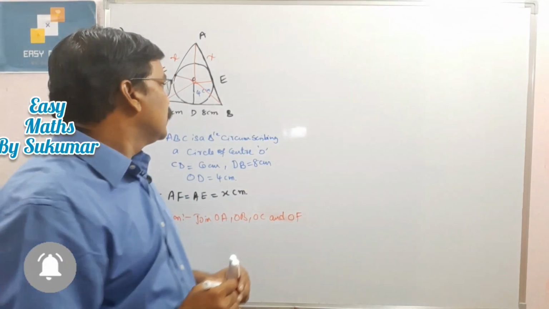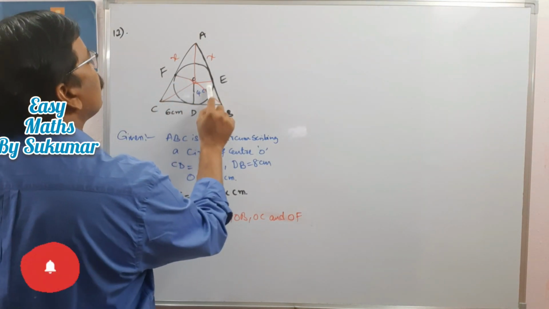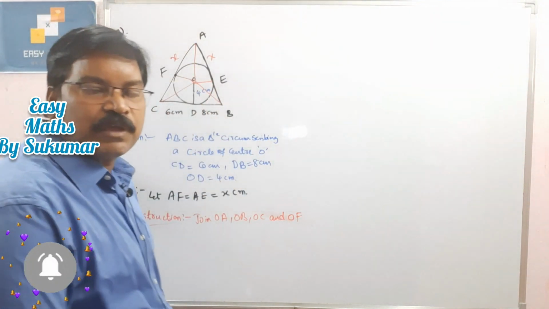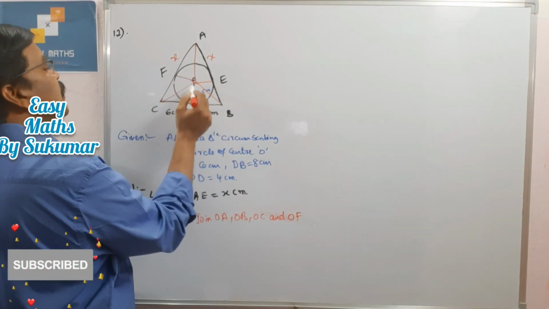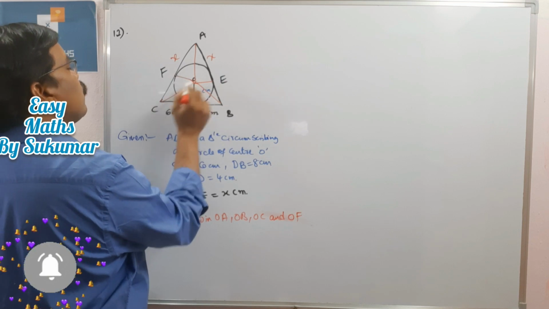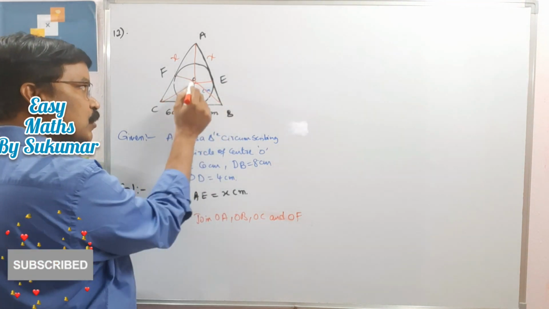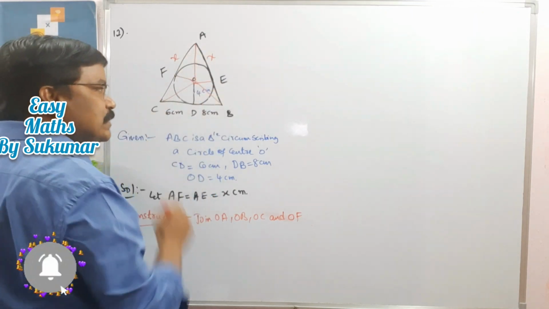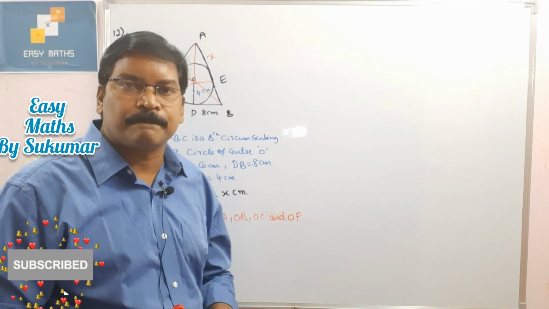Now, my dear students, here 6 triangles are there. Have you observed? One is triangle AOF, another is triangle FOC, another is ODC, another is ODB, OEB and OAE. 1, 2, 3, 4, 5, 6 triangles are there.